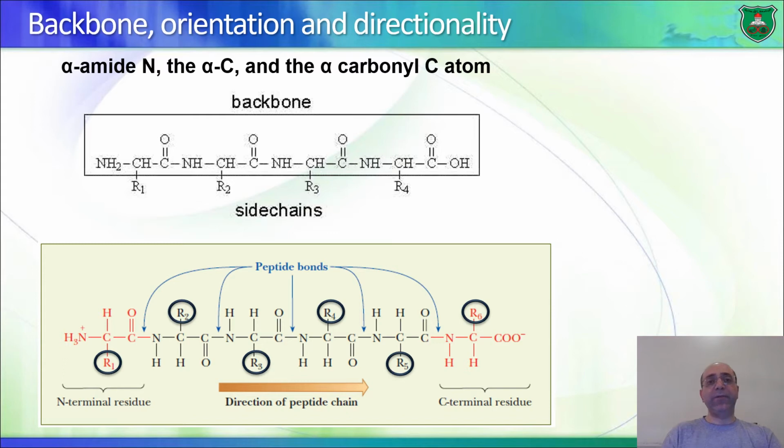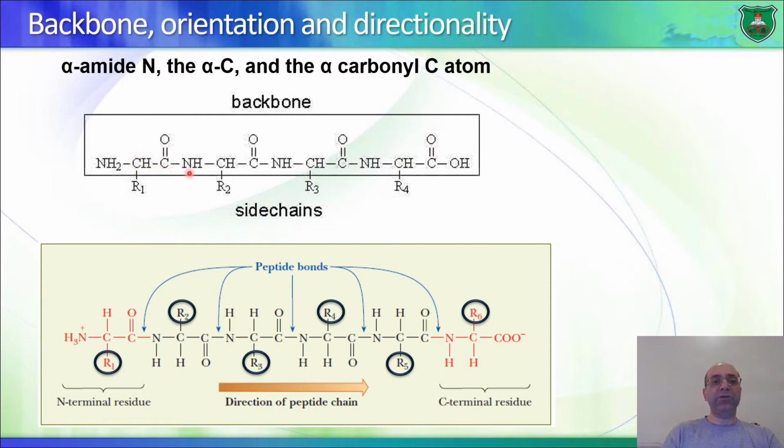Now, something else about peptides and peptide bonds is that because of this linkage between the different amino acids, and it's continuous, you can have a backbone. The backbone is basically the amide nitrogen, the central carbon, and the carbonyl group.